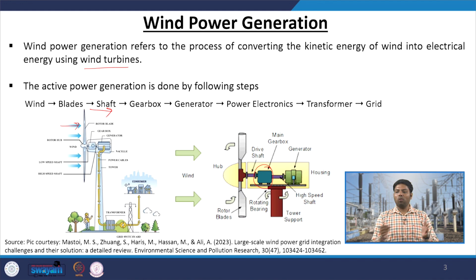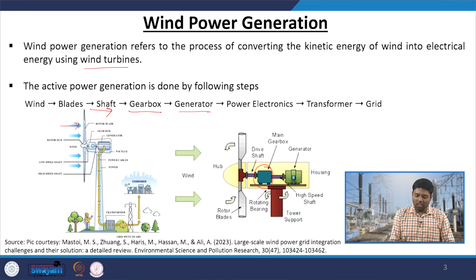With that slow RPM, it may be let us say 10 rotations per minute or maybe 20 rotations per minute, you can never generate electricity. So, there has to be some mechanical arrangement that will amplify that speed to the actual synchronous level speed for the generators. That is done by your gearbox.